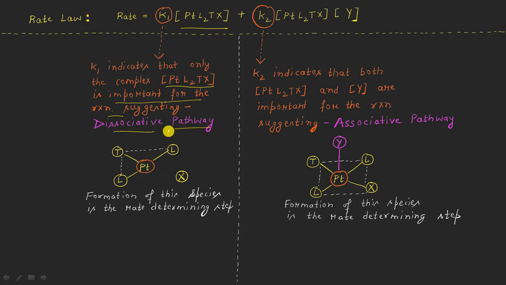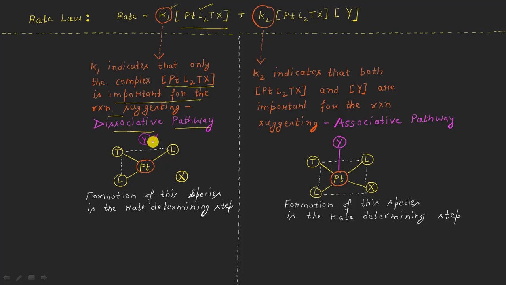So now, why are we calling it a dissociative pathway? Because you can see here that the value of K1 depends only on the concentration of the starting molecule, and it is independent of the value of Y, so we are not considering Y in this case.